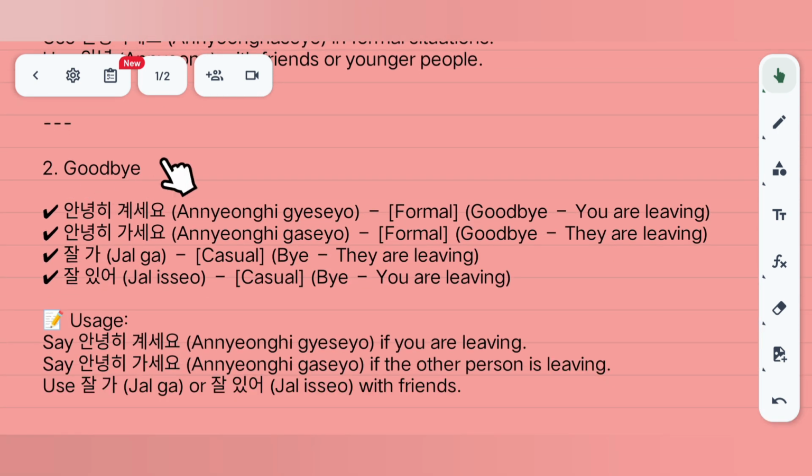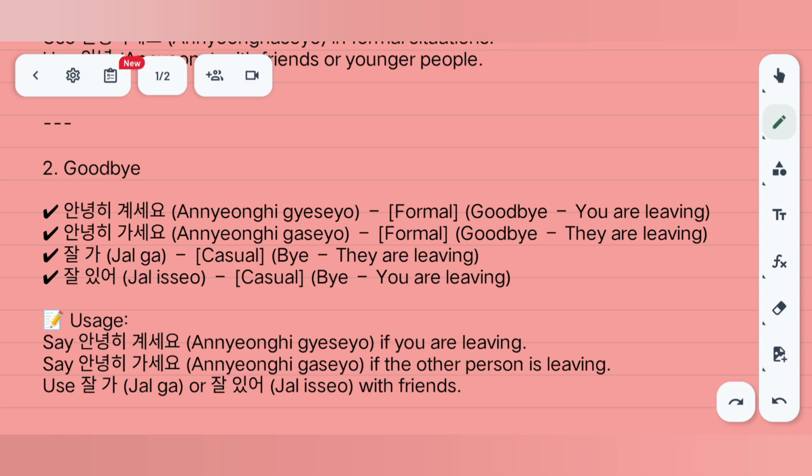Next is how to say goodbye. There are different ways of saying goodbye. It's a little tricky, but if you just understand it, you will get it right away. First one is 안녕히 계세요. It's a formal way of saying goodbye, but you use it when you are leaving. For example, you are guest at someone's house and you are leaving now.